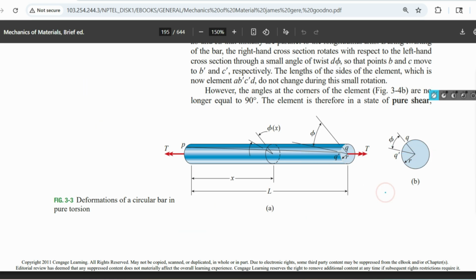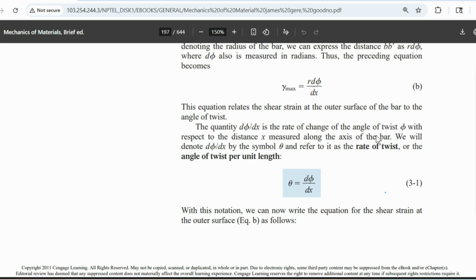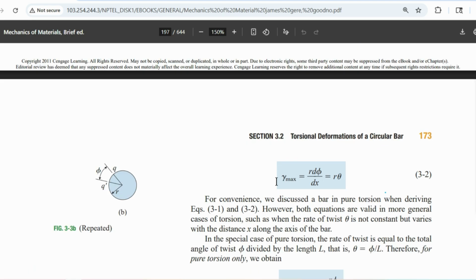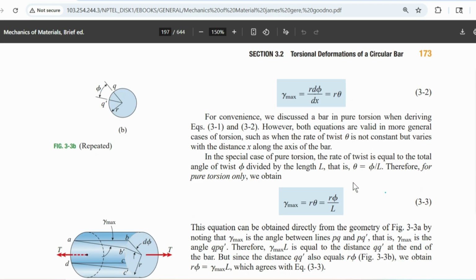All right, so let's go back to that equation. It says this max shear is this equation, R times the rate of twist. And it says, in the special case of pure torsion, the rate of twist, which is where we got on that tangent, is phi divided by L, and therefore you plug that into this equation.